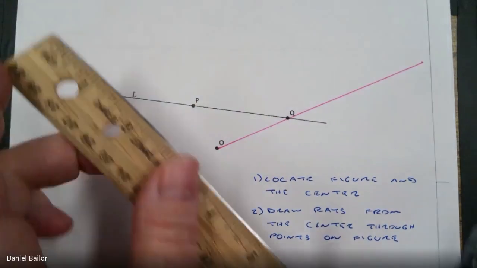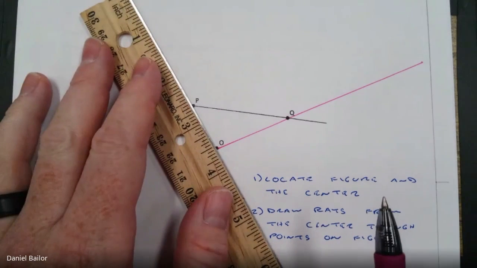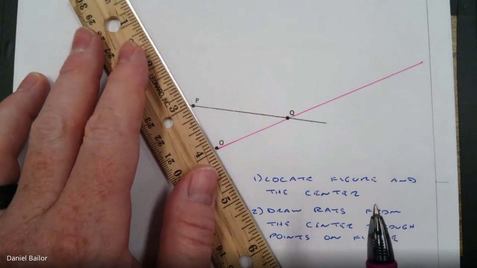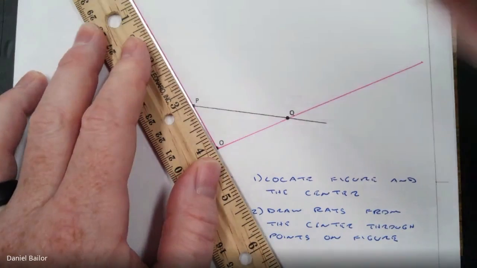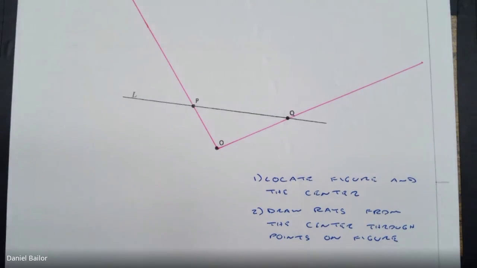And I'm going to do the same thing starting at the center, going through point P and beyond. That tells us the direction the dilation is going to go.